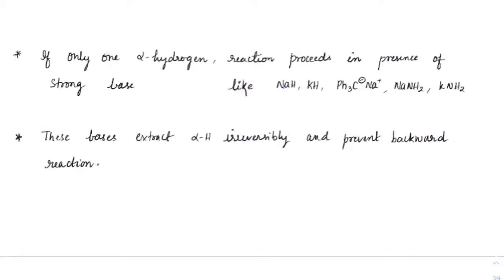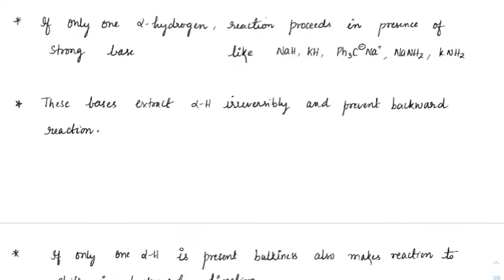Suppose there is only one alpha hydrogen to start with, okay, two problems will come. One, the reaction might go backward with EtO minus. Second, it might become very bulky also. Got it?